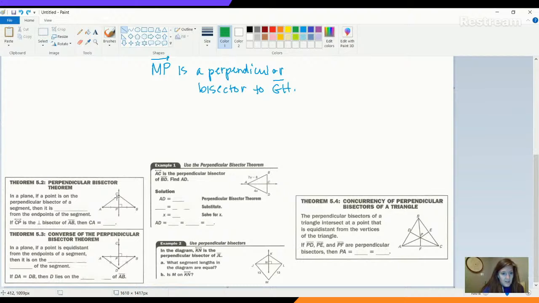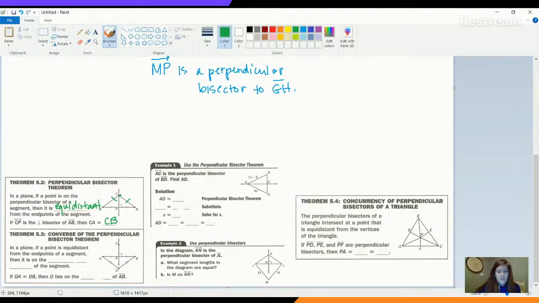So that means that C is on my perpendicular bisector, and that means that the distance from A to C is equal to the distance from B to C. Okay, so if I wanted to fill in my blank, it would say in a plane, if a point is on the perpendicular bisector of a segment, then it is, instead of saying congruent, we say equidistant, which basically means congruent, right? So if it's equidistant from the endpoints of the segment, so these two are congruent. If CP is the perpendicular bisector of AB, then CA equals CB.